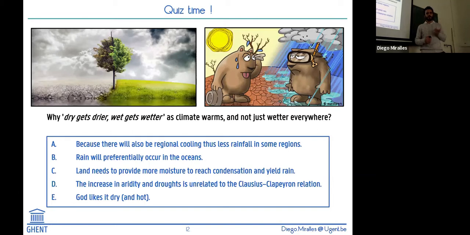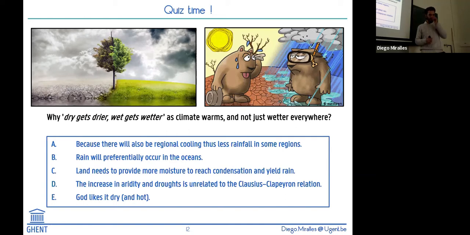It can be because the increase in aridity and droughts is completely unrelated to the Clapeyron equation, or because God likes it dry and hot. So, have a look at them. The question is again, how do we explain the fact that dry regions in the future may actually become drier, given what we have heard today or in the previous lecture?